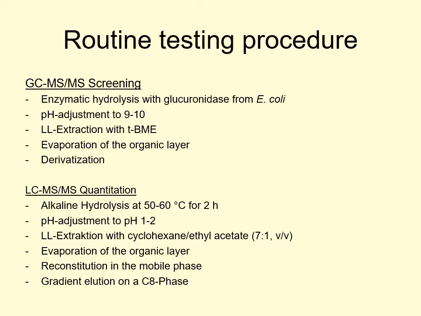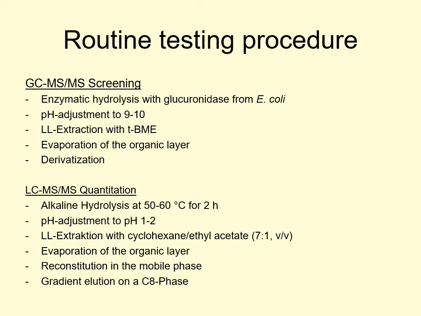In the routine screening procedure, the sample is hydrolyzed enzymatically by using glucuronidase from E. coli. After hydrolysis and adjustment to pH 9 to 10, the sample is extracted with TBME. The organic layer is evaporated to dryness. After derivatization, the analytes are measured by GC-MS-MS as TMS derivatives.